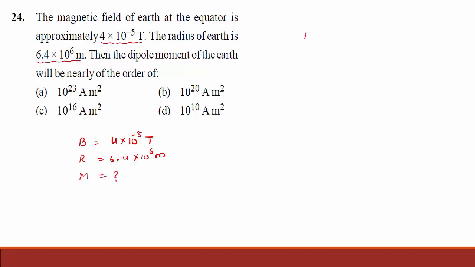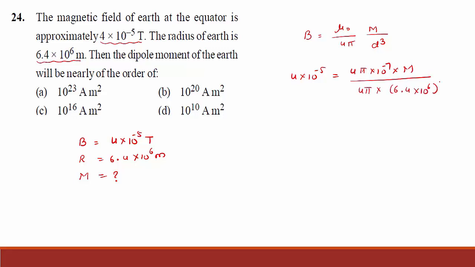We have the formula B equal to mu naught divided by 4 pi, M divided by D cube. This equation we can use. Substitute the value. B is given 4 into 10 raised to minus 5 equal to mu naught is 4 pi into 10 raised to minus 7, into M, keep as it is, divided by 4 pi into D cube, which is given, that is here radius, means we can write 6.4 into 10 raised to 6 cube.